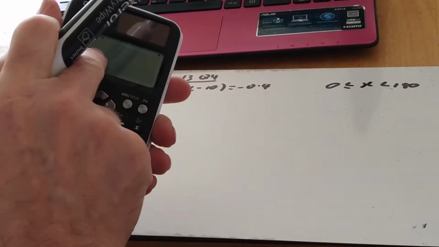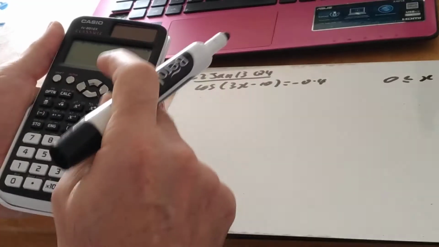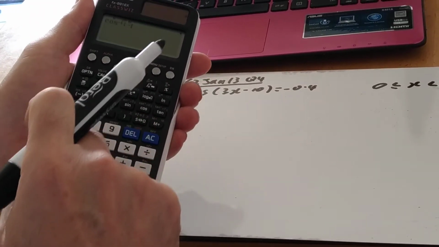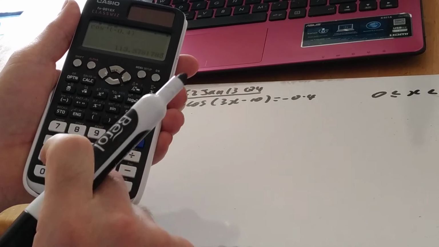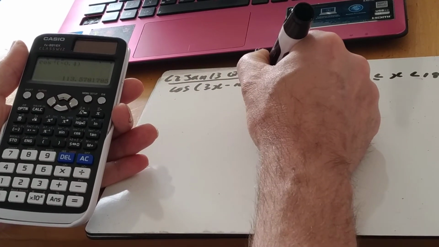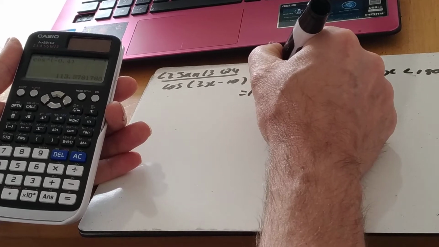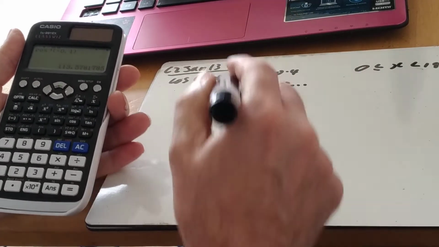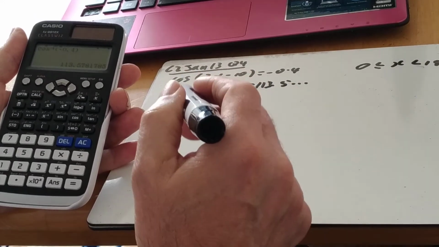Okay, so let's look at our calculators. Make sure we've got D for degrees, because it's got degrees in the question, and do shift cos minus 0.4, close brackets, equals. So one answer is 113.5 and so on, and I'll keep it there, because I'm going to be doing stuff with it to actually solve it.